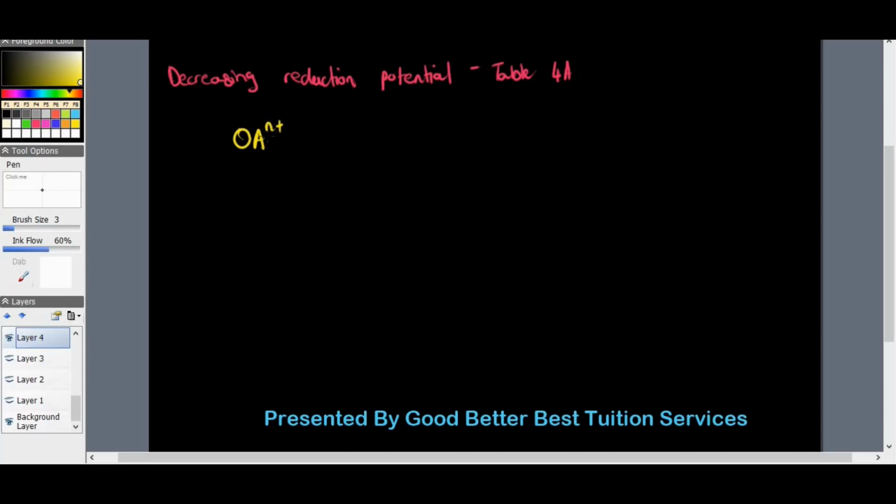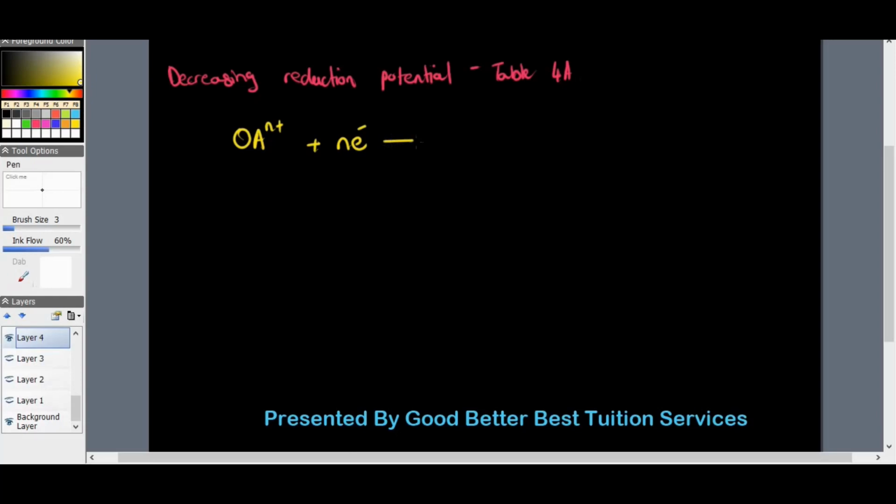If it's 1, then it's just plus. If it's 2, then it'll be 2 plus. Oxidizing agent plus the number of electrons, n stands for number, and the product we get from that is the reducing agent.